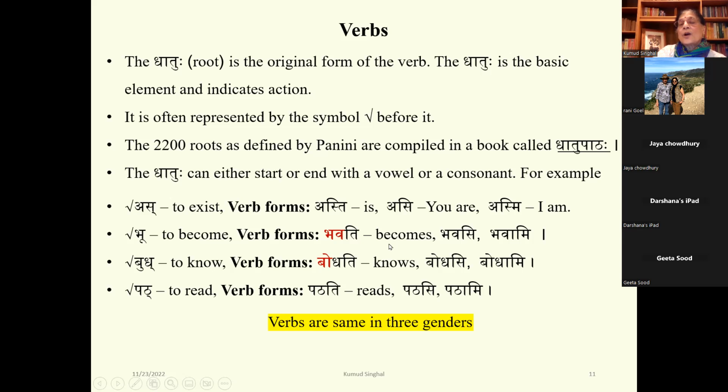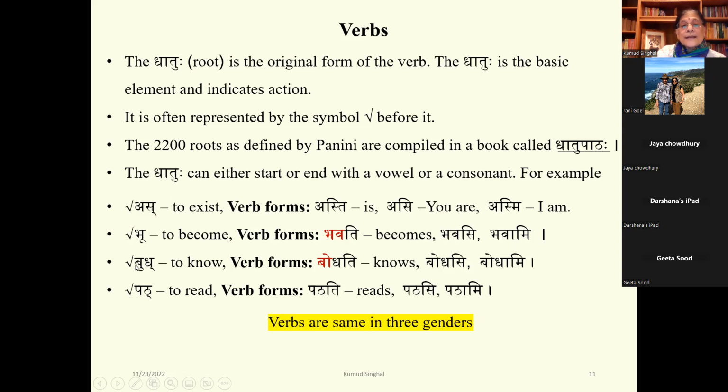He becomes, or she becomes, or it becomes. So verb forms are the same in all the three genders, whether the subject is masculine, feminine, or neuter. Bhavasi, you become. Bhavami, I become.